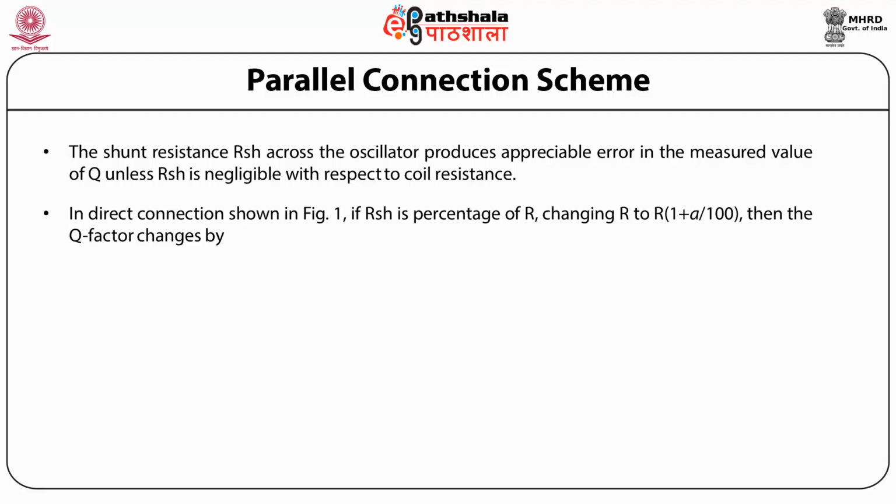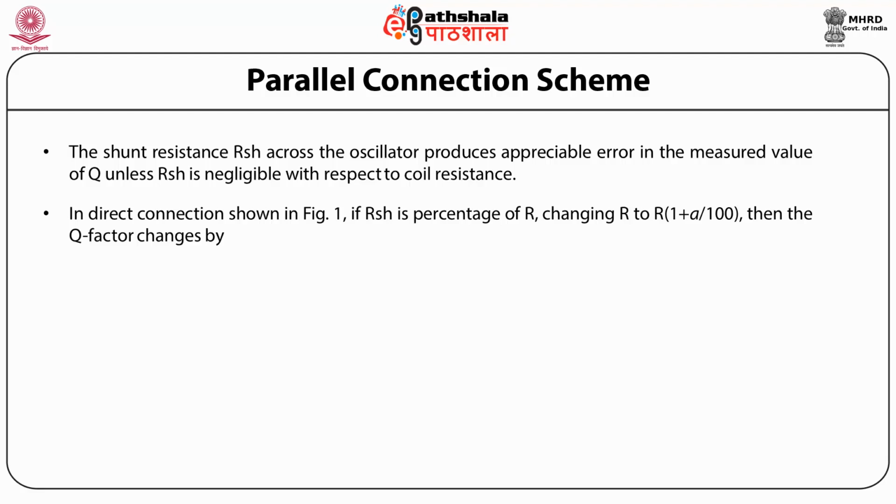Thus, delta Q is equal to 1 by omega C whole multiplied by 1 by R minus 1 by R into 1 plus A by 100.